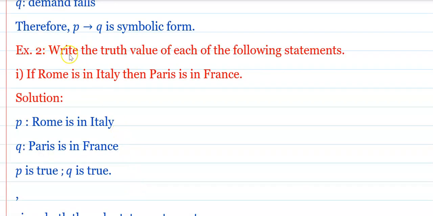Okay. Now the next. Write question number 2. Write the truth value of each of the following statements. Rome is in Italy, then Paris is in France. Now the P statement, Rome is in Italy. Q, Paris is in France. P is true and Q is also true. Truth values of both statements are true.